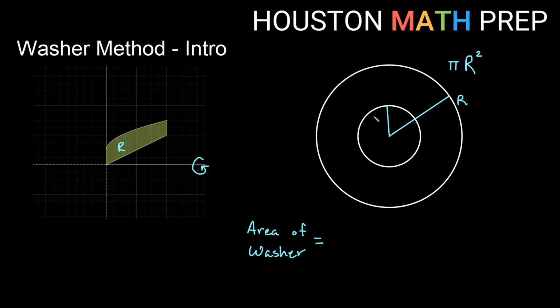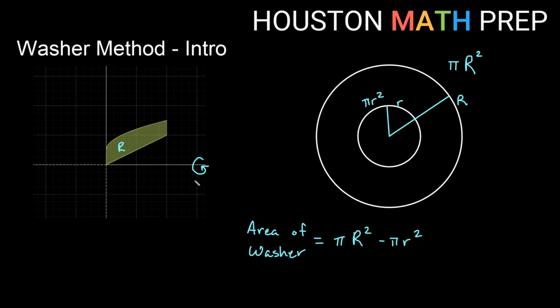This area here would be pi times a smaller radius squared, right? So this distance here is going to be little r. So we'll have pi times capital R squared minus pi times little r squared, and that will give us the area of a washer.